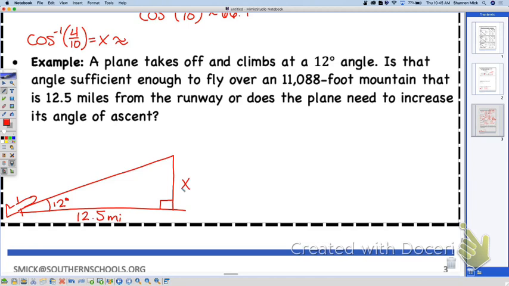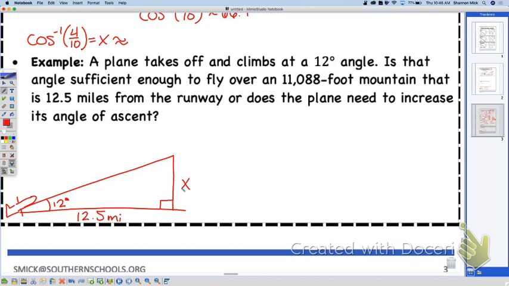I have flagpole problems, and people put the flagpole as the hypotenuse. Unless it's blown over, is the flagpole the hypotenuse? No, it is the leg that's standing straight up, correct? Okay, so I need to figure out that x, and it better be greater than 11,088 feet to fly over it, correct? So I have 12 degrees, I have the opposite, and I have the adjacent.